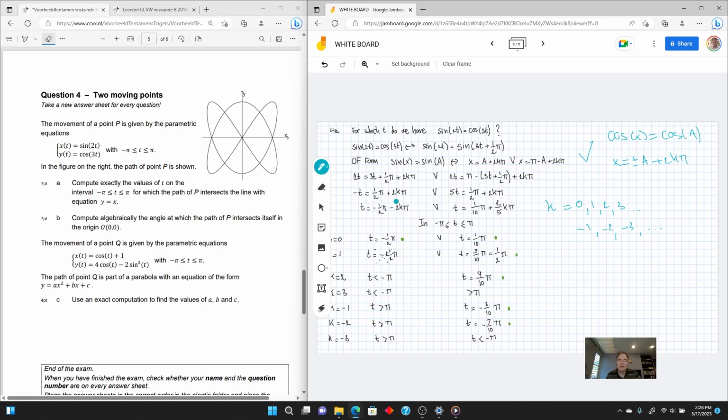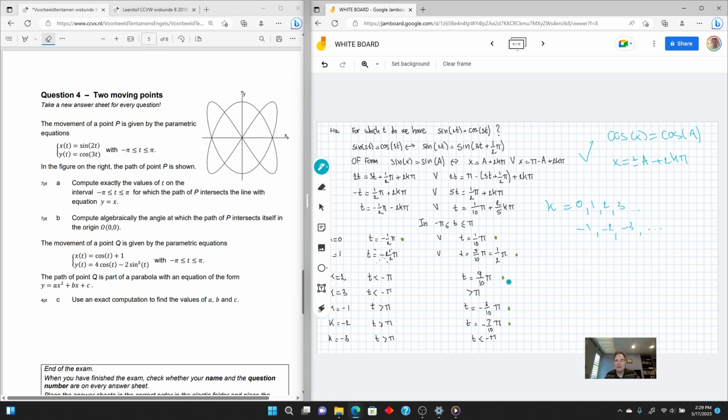Then substitute it here, you just find that it's out of the range. And for the right branch here, because you have 2/5 k pi, you actually have more solutions that are still in this range. So k is 0 gives you 1/10 pi. K is 1 gives you 1/10 pi plus 2/5 pi, which is 4 over 10. So you get 5 over 10, which is 1/2 pi, still in the range.